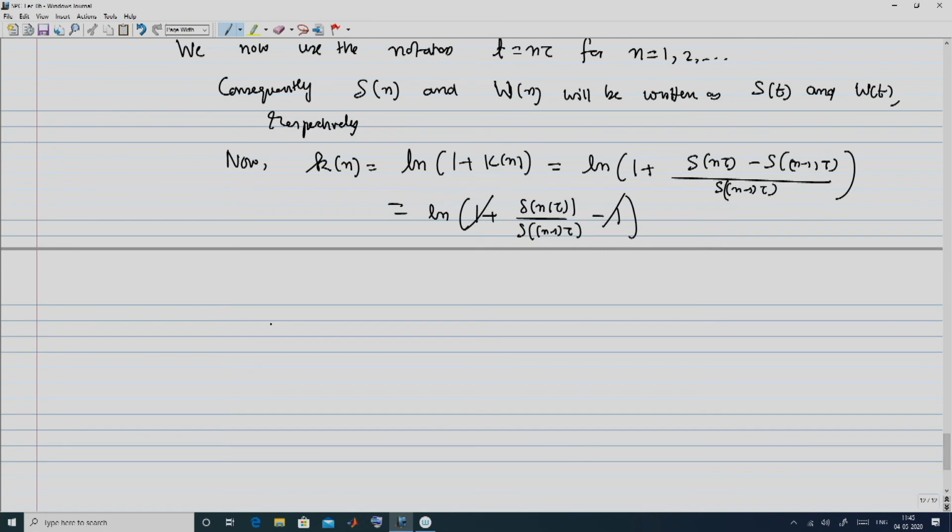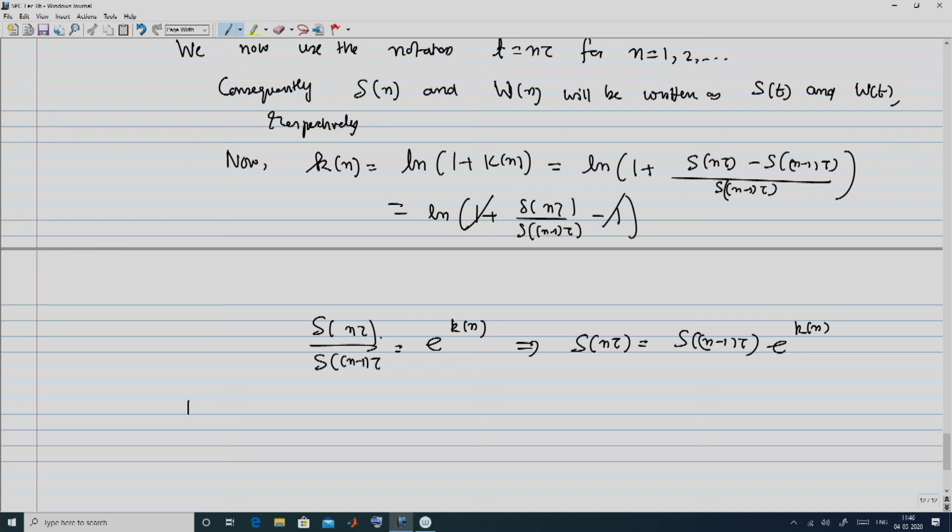So, this will give me that S of n tau over S of n minus 1 tau, which is nothing but e raised to k n. This implies that S of n tau is equal to S of n minus 1 tau into e raised to k n.